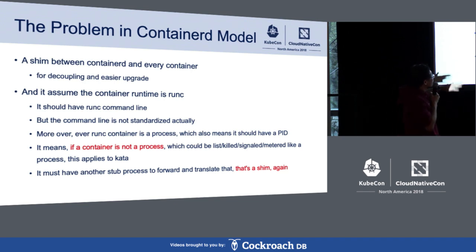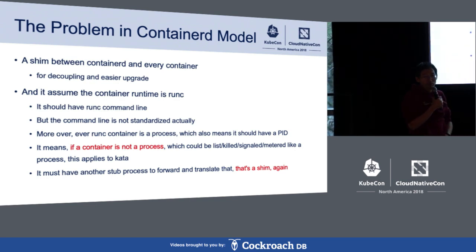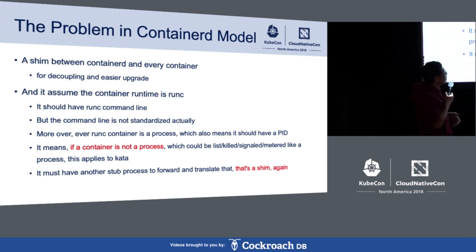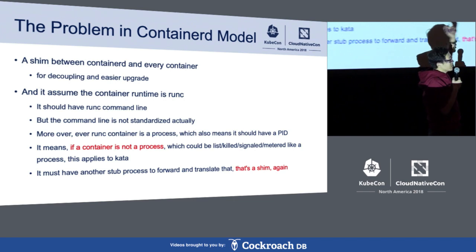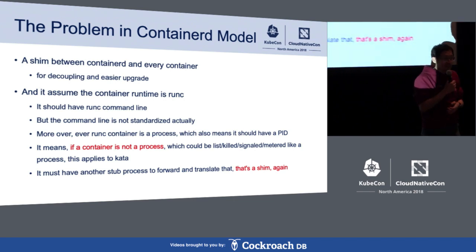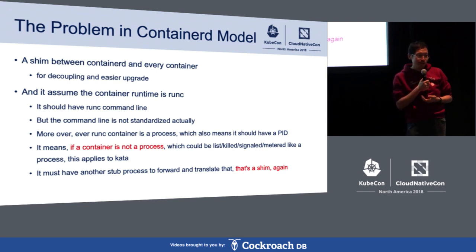And moreover, every runc container is a process, you know. It's a process and maybe a process group, a cgroup. That means if it's a process, then it must have a PID, the process ID. At least you can kill it, right?